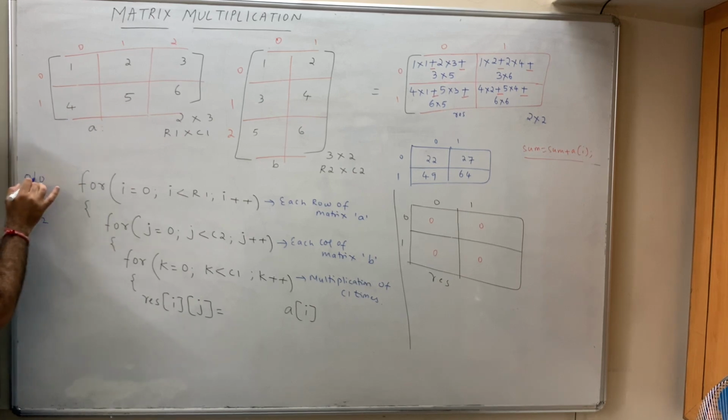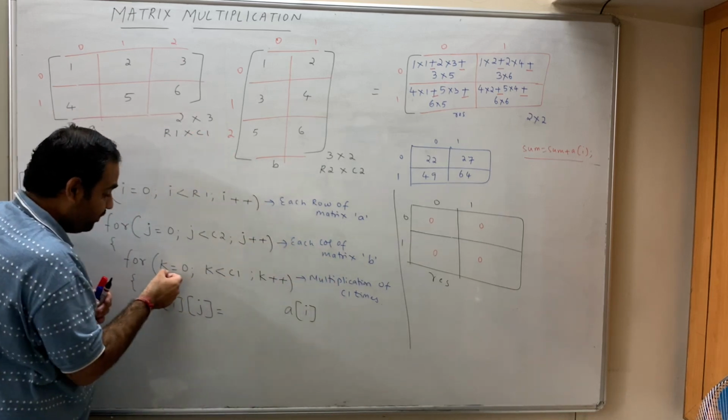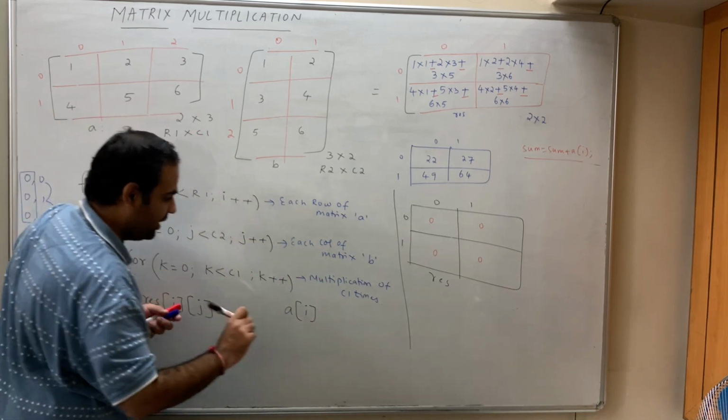Is that okay? The row number remains constant. The column number changes frequently. That means you have to multiply column-number of times, and k changes very frequently here.